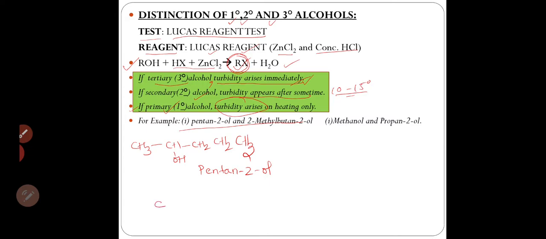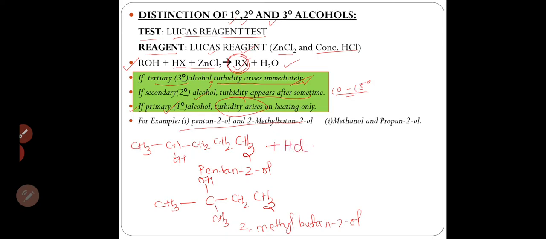Next is 2-methylbutane. Butane means 4 carbons, so CH3, then on carbon 2 there is OH and a methyl, so CH3, then carbons 2, 3 and with this 4. So this is 2-methylbutan-2-ol. Now when the two are reacted with Lucas reagent, HCl and ZnCl2, the Cl simply replaces OH.